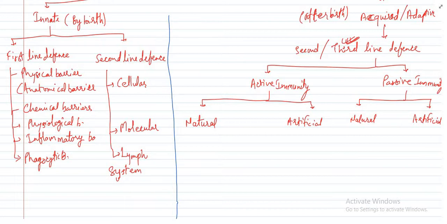We already had this by default. But acquired immunity is also our own immunity, but it was not present at the time of birth. We gain it from another person, another organism, or any other aspect or mechanism after birth, or we can say we gain it from some experiences.